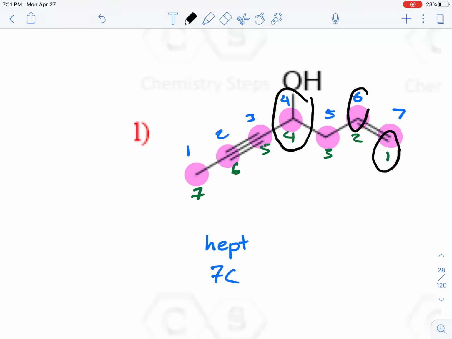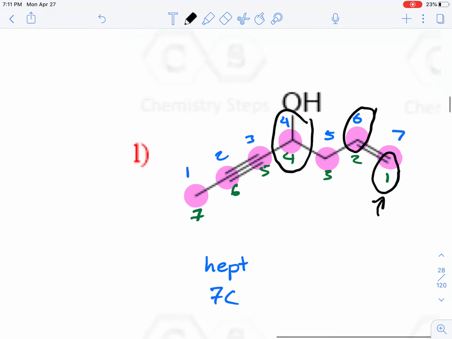In the other scheme, carbon number 6 is where my double bond will start. And so in this scenario, you would want to choose the green numbering system because it's going to provide a lower carbon number for the double bond. Okay. So in this case, the priority is alcohol, then double bond, and finally triple bond.